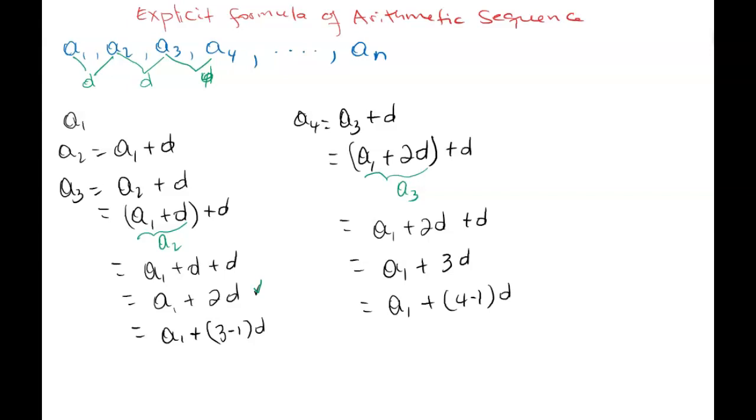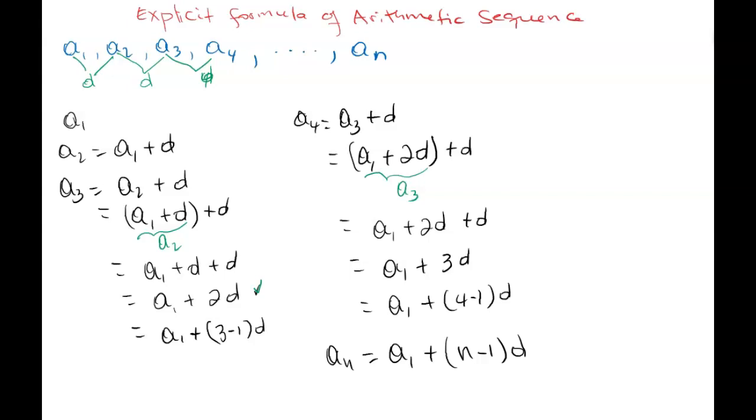If we follow that same pattern, for the third term it's 3 minus 1, and for the fourth term we do 4 minus 1. So if we want the nth term, we can say a sub n is equal to the first term plus n, whatever that number is, minus 1 times d. So that's your explicit form for an arithmetic sequence.